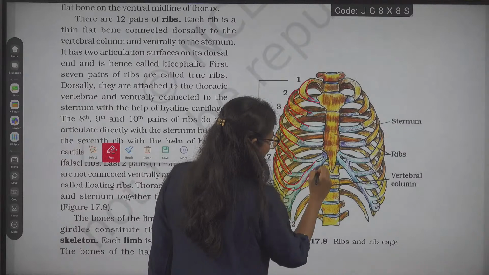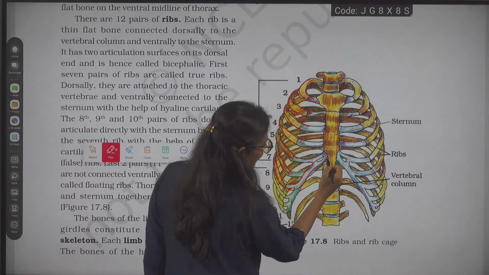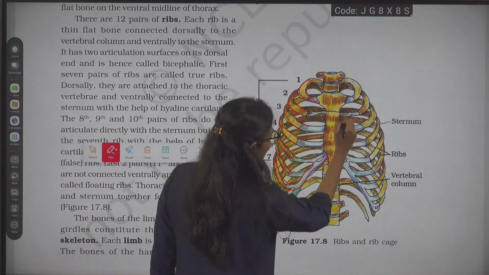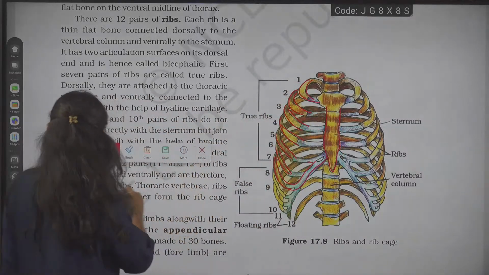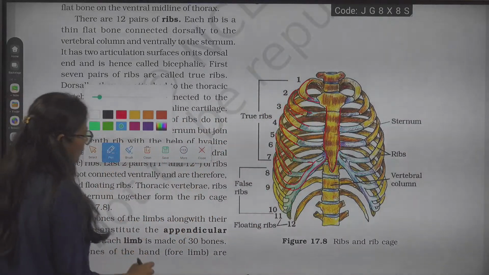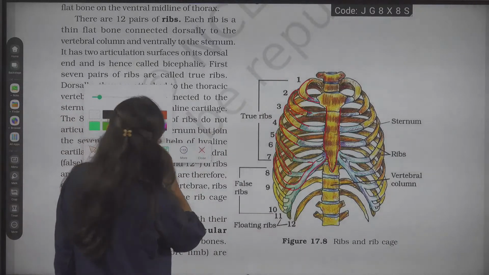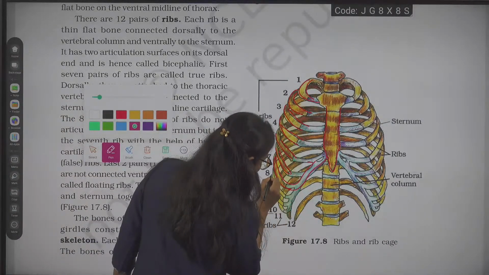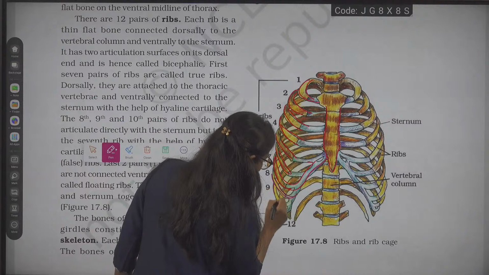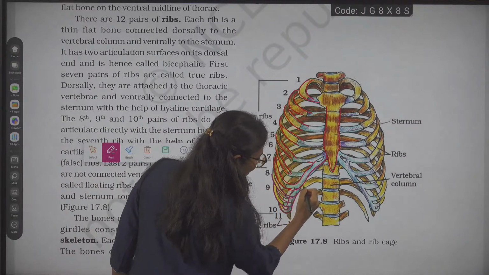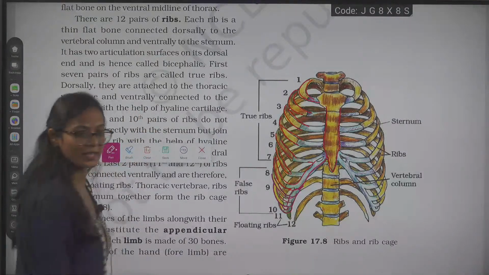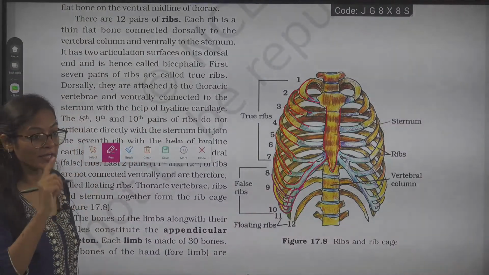All these, you can see that they are directly attached to the sternum. This is the sternum part. So first 7 pairs, they are true ribs. Then now in pink, can you see this 8th, and then this 9th, and then this 10th? So these 3, they are attached to the 7th one. So they are false.